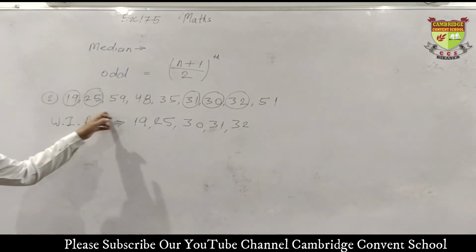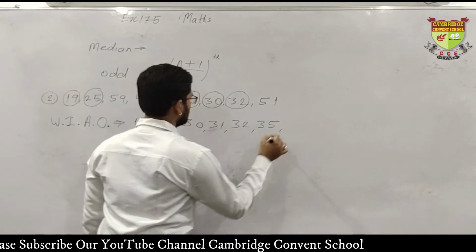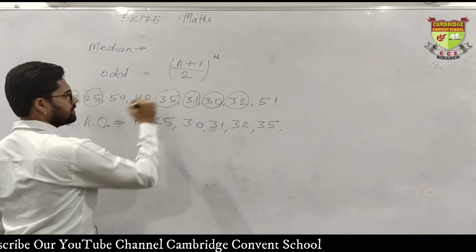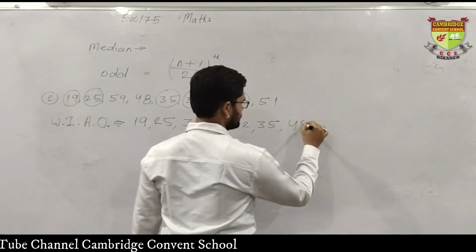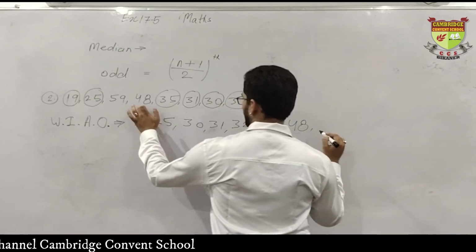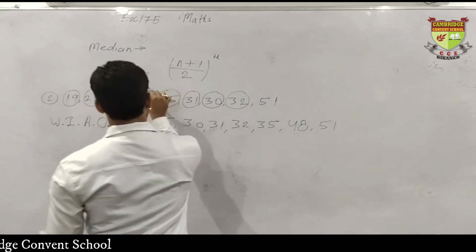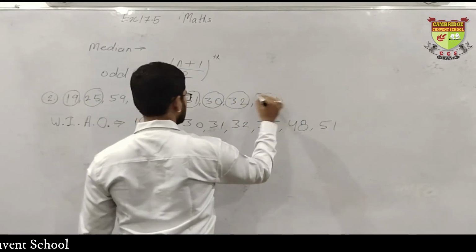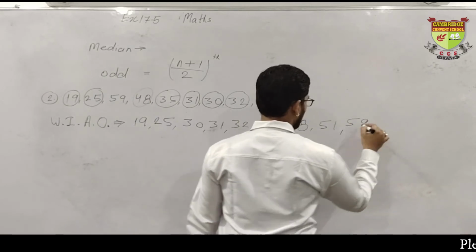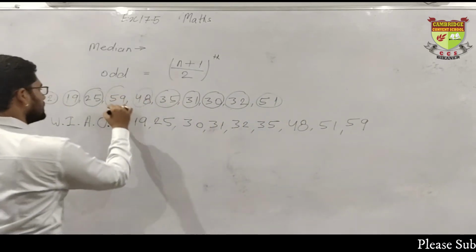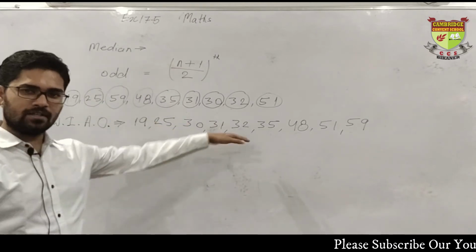After 32, 35. After 35, 48. After 48, 51. This is final, 59. So all numbers are written. Our first step is complete. We have written this in ascending order.